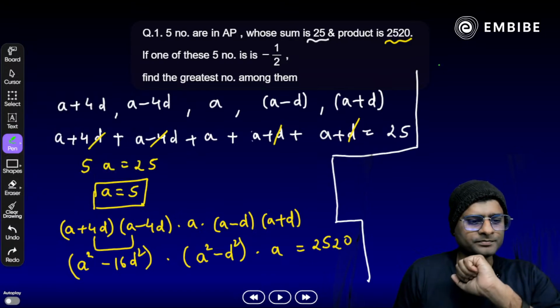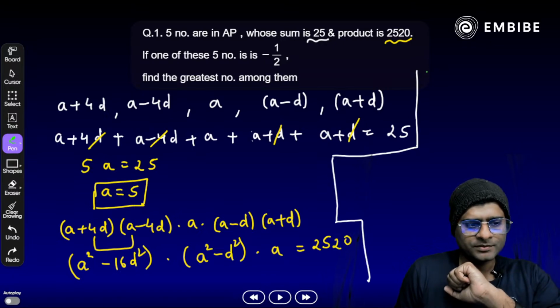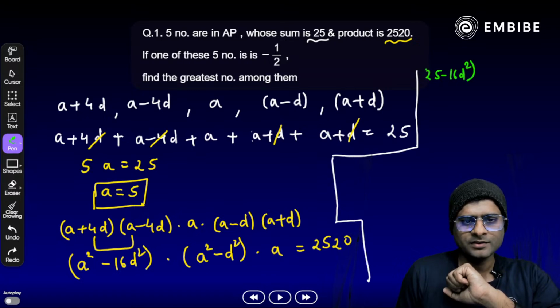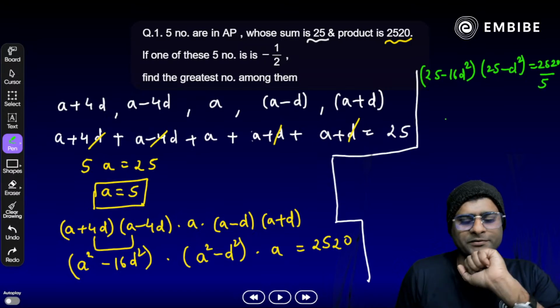All right, take a look here. So a is 5. That should be 25 minus 16d square and 25 minus d square, which is equal to 2520 divided by a, that is divided by 5 here.